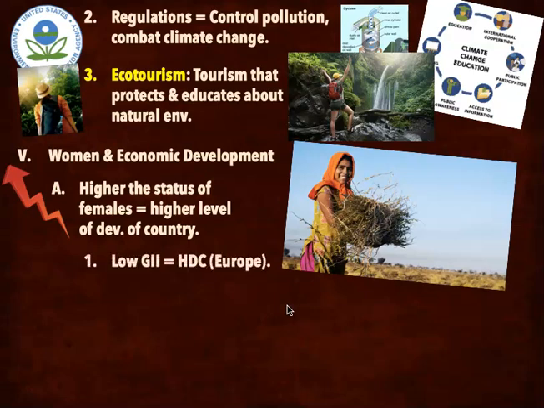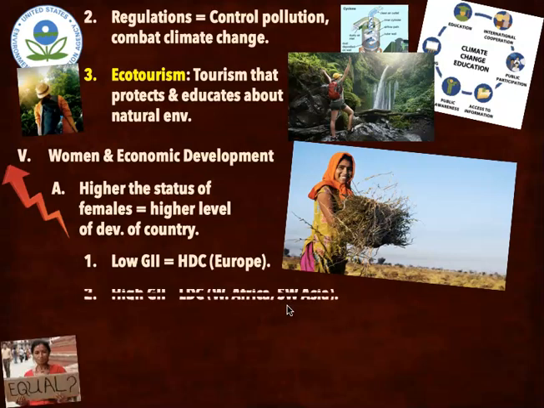All right. And so, when we look at the gender inequality index that we introduced you to a little longer there, again, we look at countries in Europe that have very low GIIs, and they all happen to be highly developed countries. Women have lots of opportunity in front of them in terms of what they want to do with their lives, right?